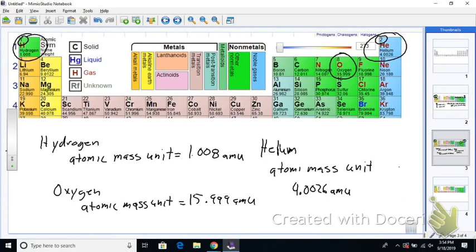So if we compare hydrogen to oxygen, oxygen is 16 times more weight than hydrogen. It takes 16 hydrogens basically, a little less than that, but about 16 hydrogens to make one oxygen's weight.